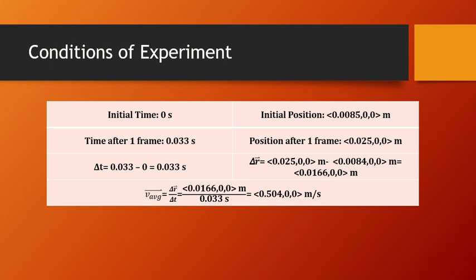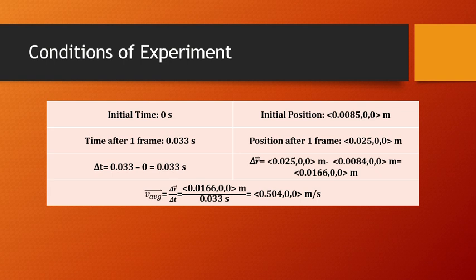Firstly, the initial time is 0 seconds, while the time that passed each frame was 0.033 seconds. This means that the delta of time is 0.033 seconds. The initial position of the object was the vector 0.008500 meters, while its position after one frame is 0.02500 meters.